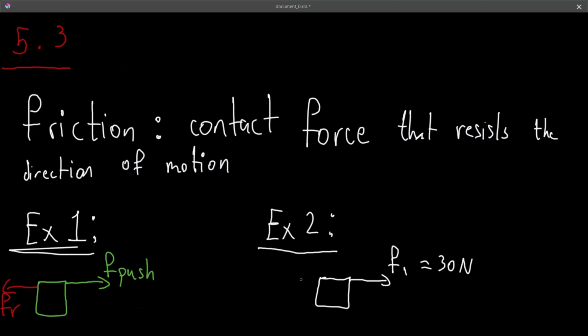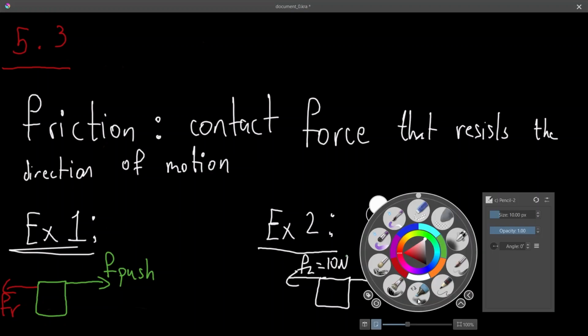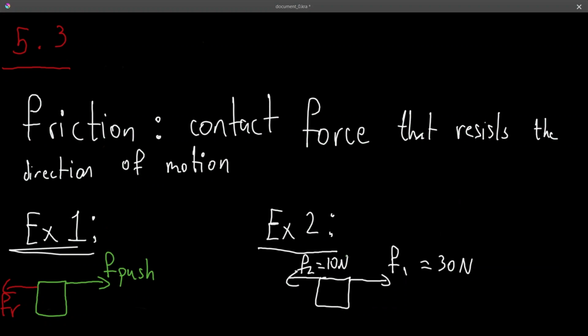And then from the other side, I went a bit less than that. Say F2 is equal to 10 Newtons. Then you'd look at this and you'll say, okay, the net force is to the right because 30 minus 10, so I have 20 Newtons to the right. So friction opposes the net force. So friction in this case would be to the left.